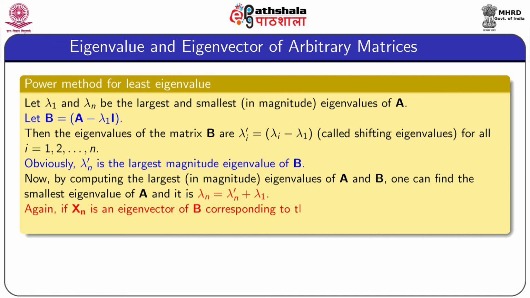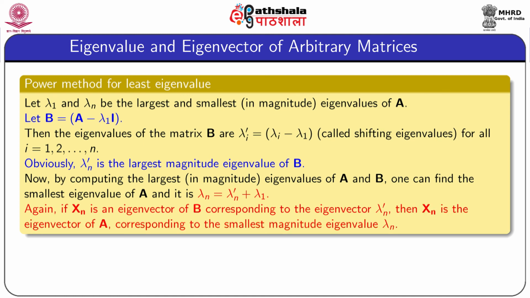That means, by computing the two largest eigenvalues of the matrices A and B, we can compute the minimum eigenvalue or least eigenvalue of the original matrix A. Again, if xn is an eigenvector of the matrix B corresponding to the eigenvalue lambda n prime, then xn is the eigenvector of A corresponding to the smallest magnitude eigenvalue lambda n. So, the power method is used to find the least eigenvalue of the matrix A also.